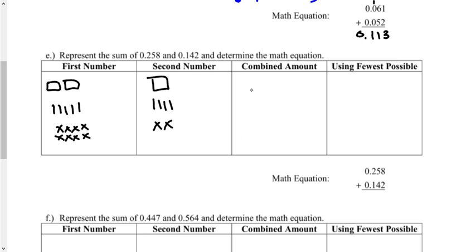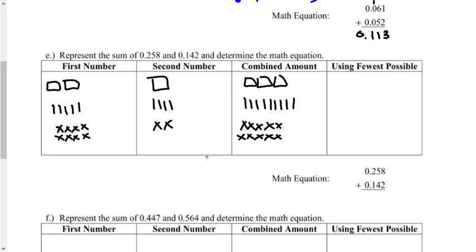Okay. All right. So here we end up getting 3 flats. I get 1, 2, 3, 4. Let's see, 5 and 4. That makes 9 of these rods, and then I get 10 of the units.